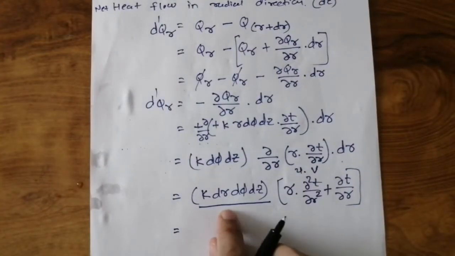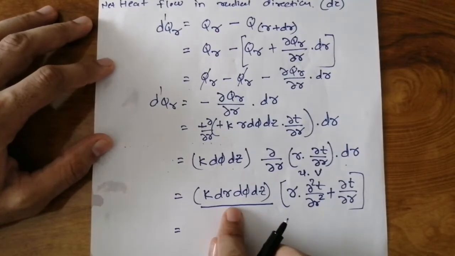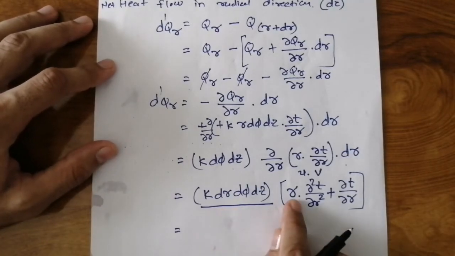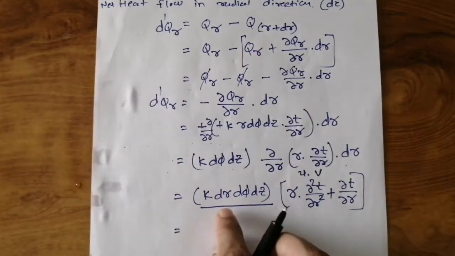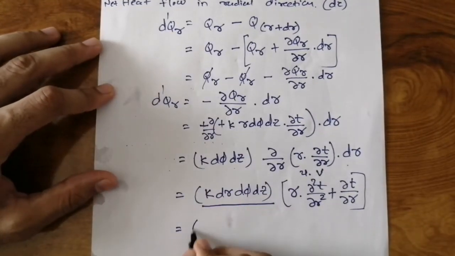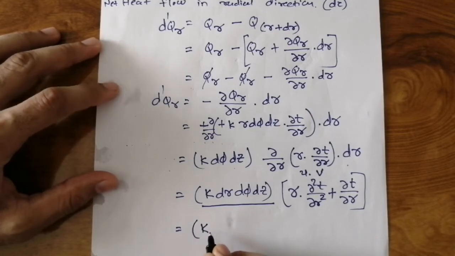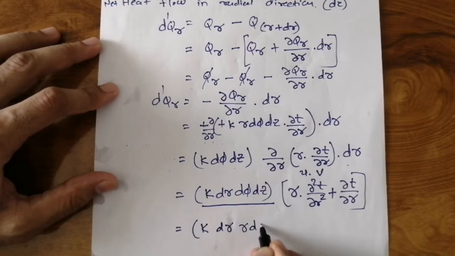Now the volume is required, and here r is not present. So we take r common from this equation, so it becomes the volume here. So k dr, r common, dφ dz.